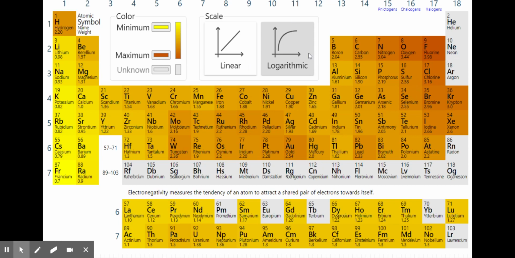So we see this general trend going from francium towards fluorine, that the electronegativity is increasing. Moving to the right within a period, electronegativity increases, and moving down within a group, electronegativity decreases.